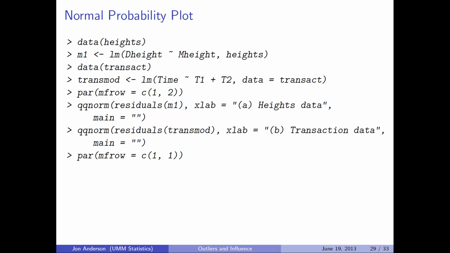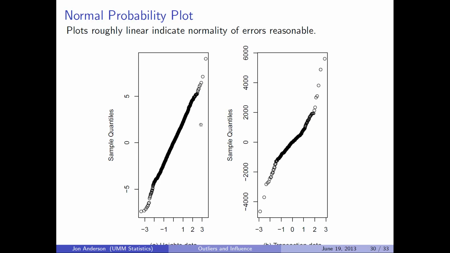If you do want to assess the normality of your errors, you would estimate a model like what I have done here for the mother and daughter's heights in M1, or a model based on the transaction bank data called transmod, and you use the QQ norm function on the residuals from each model, and you get plots that look like this.